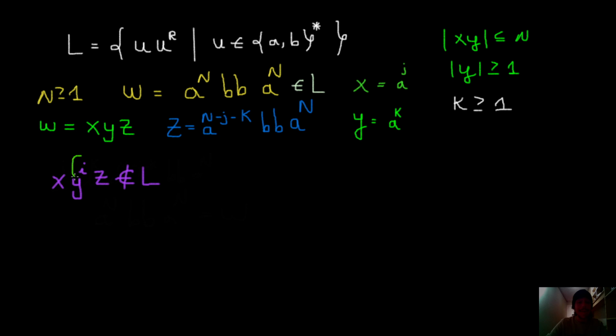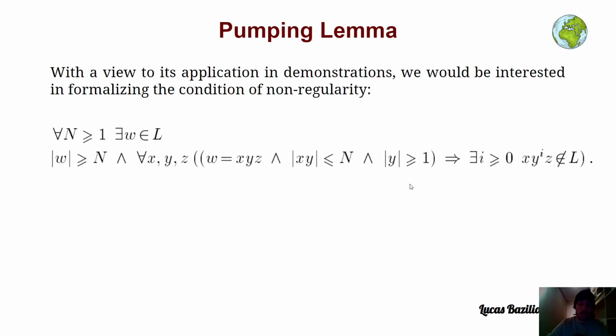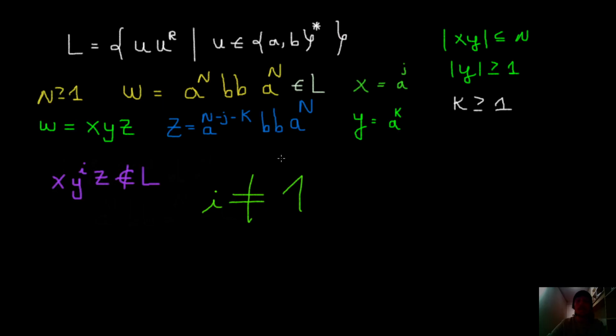The only value of i that does not work, where at the end the concatenation will belong to L, is the case that we just saw before, when i is equal to 1. Because when i is equal to 1, we will have this word here, which is a word that belongs to the language L. But if this value i is different from 1, any other value greater or equal to 0, okay, remember this condition in here, the value i needs to be greater or equal to 0, then for any value different from 1, we will achieve this result.